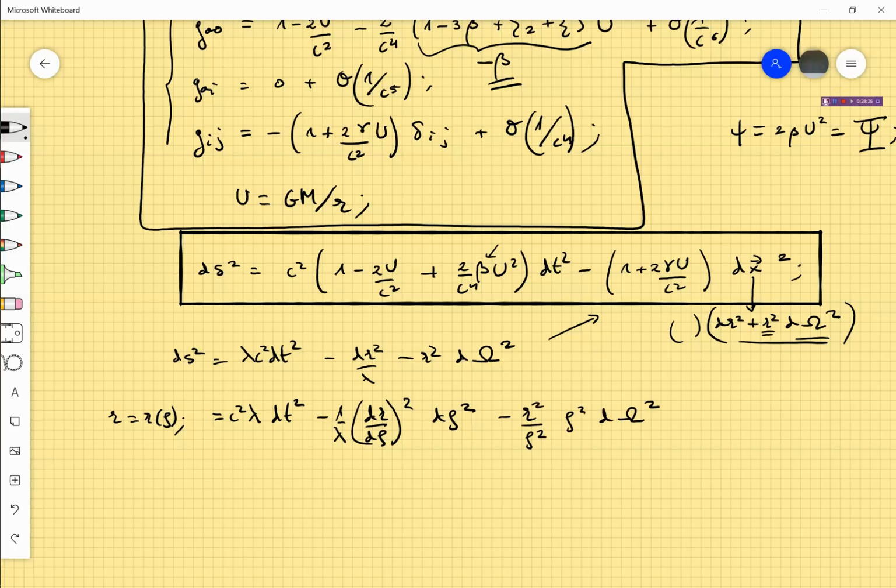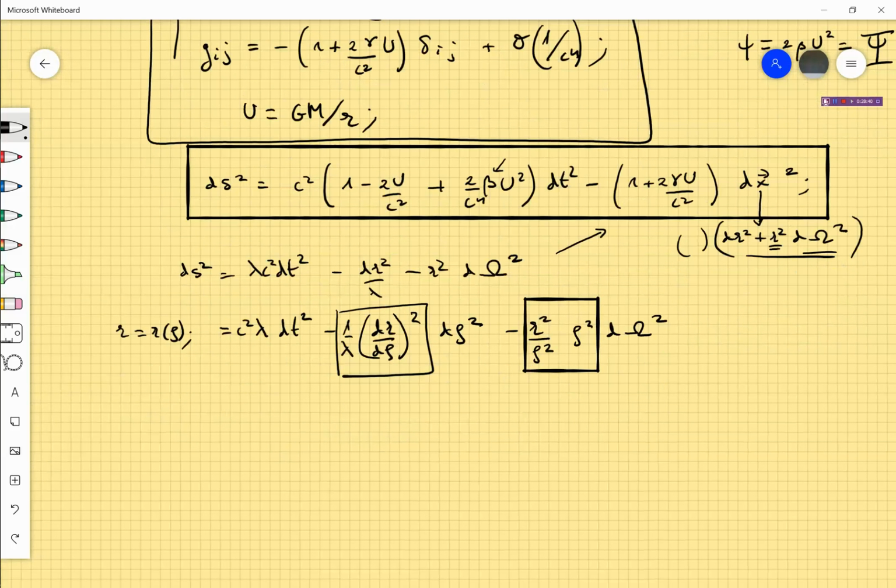So under which conditions can I take a common factor of d rho squared plus rho squared d omega squared? Well, these two things have to be equal.